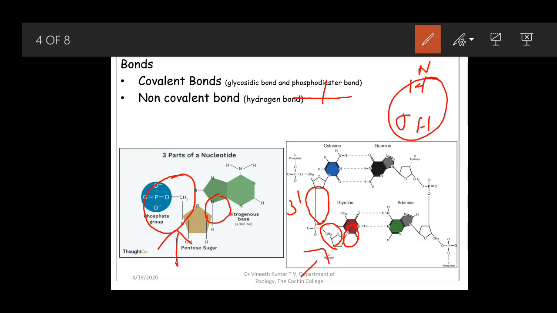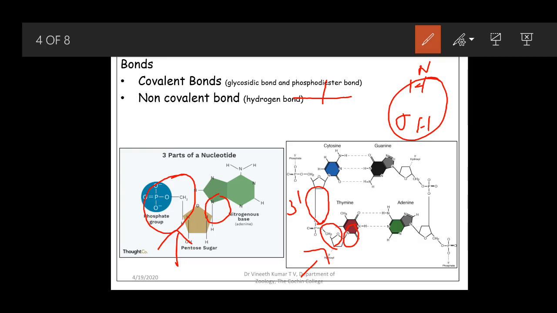The other ester bond is between the 3' hydroxyl group of the overlying nucleotide and the phosphoric acid. Thus a phosphodiester bond is formed after polymerization of nucleotides to form a DNA or an RNA.